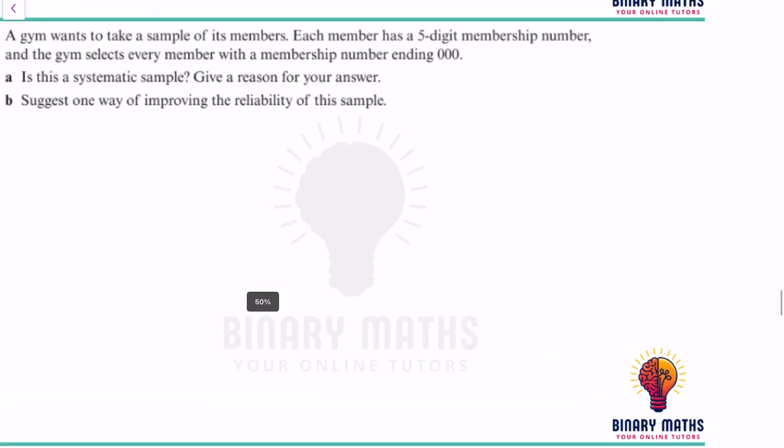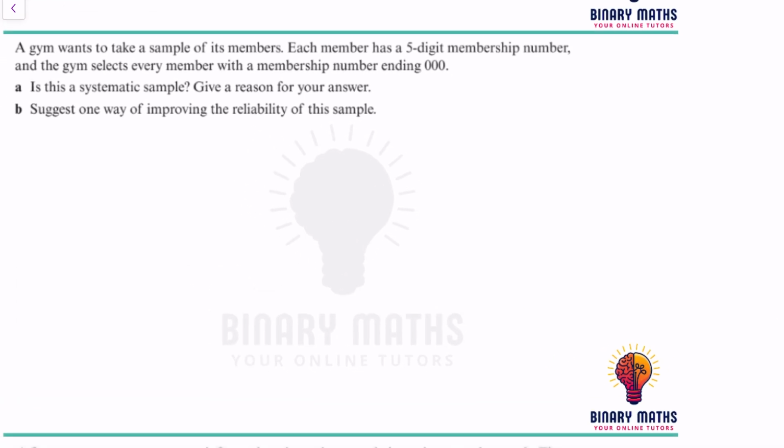Okay, let's go through some questions. So a gym wants to take a sample of its members. Each member has a 5-digit membership number, and the gym selects every member with a membership number ending 000. Is this a systematic sample? Give a reason for your answer. No, as a person has not been randomly selected.